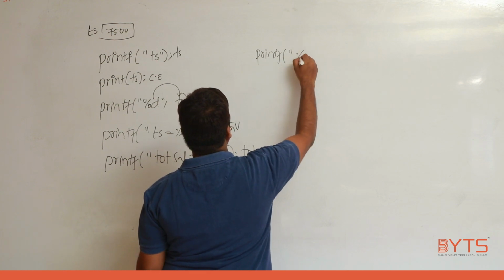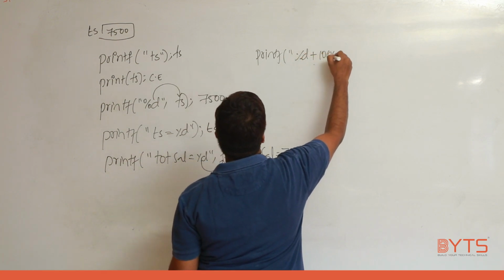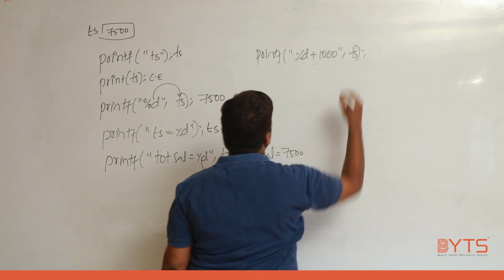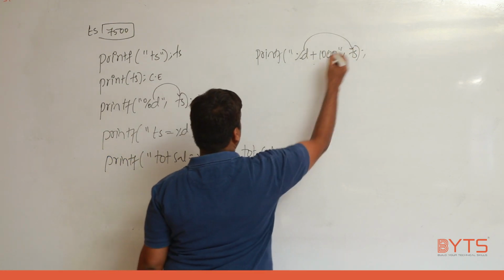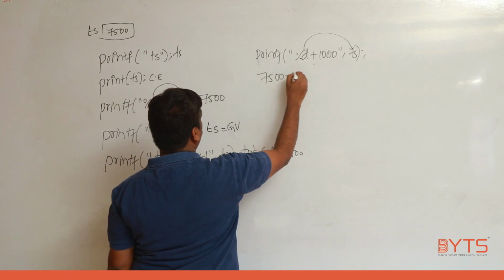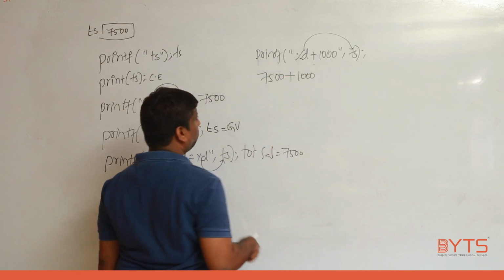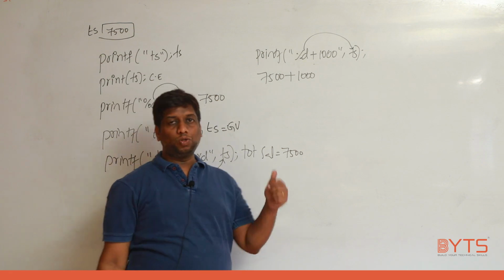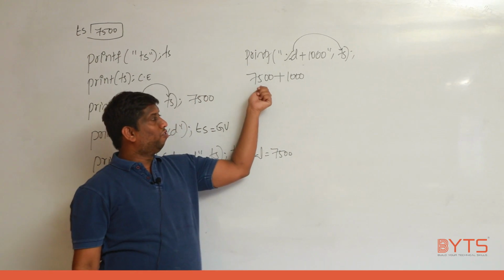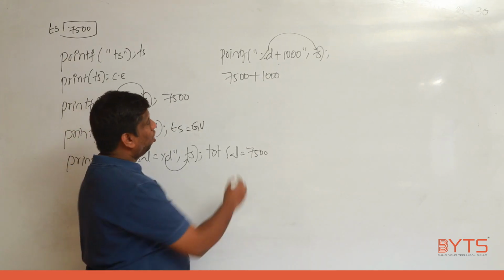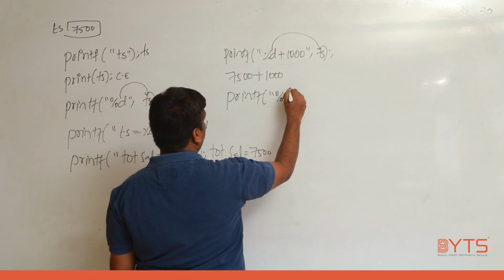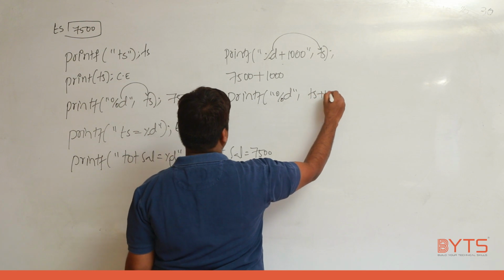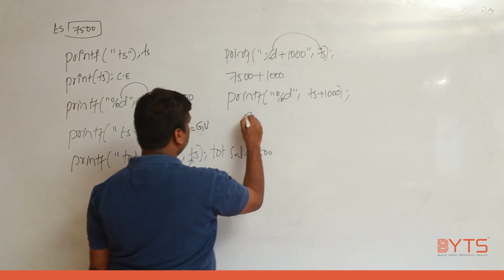Okay, let me write it this way: percentile D plus 1,000 comma TS. Now what is the answer? Can you please guess? Percentile D is replaced with 7,500, plus 1,000 is printed as this. But the requirement is I should not add 1,000 to 7,500 in the text; I should print 8,500, right? How do you write that? TS plus 1,000. So what is the answer? 8,500.